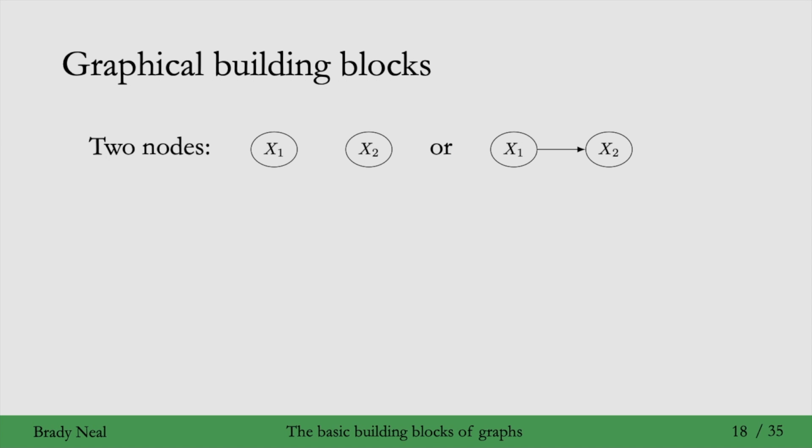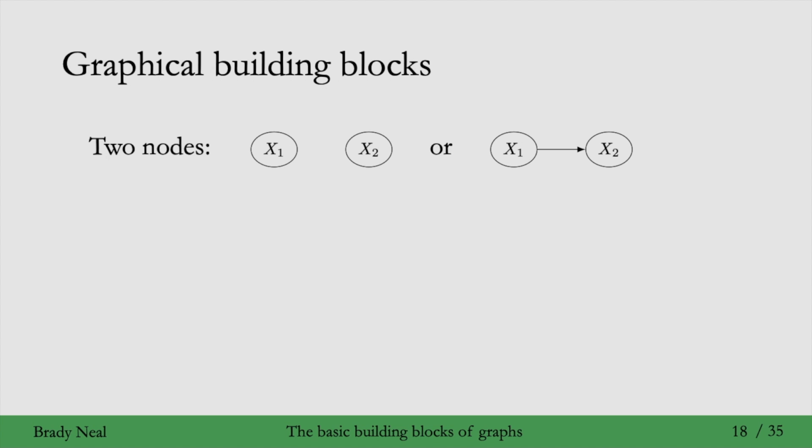And then if you were to take the graph on the right, the one with the edge between them, and try to add more edges and more variables to that graph, there are three ways that you could do it. Three ways that you can add another variable with an edge to it. If you're adding another variable without an edge, then it's simple. It's just the graph on the left here.